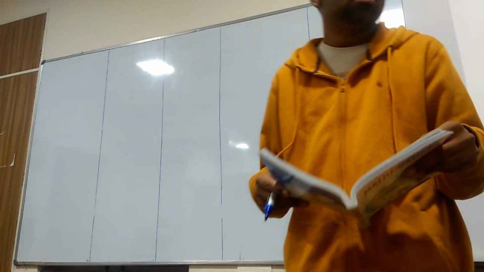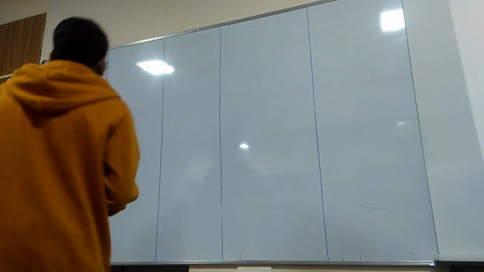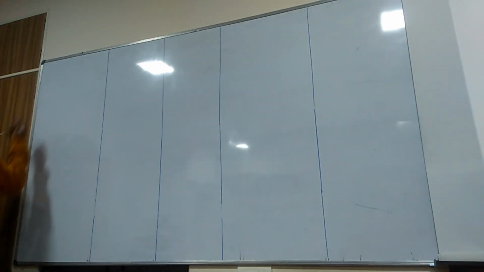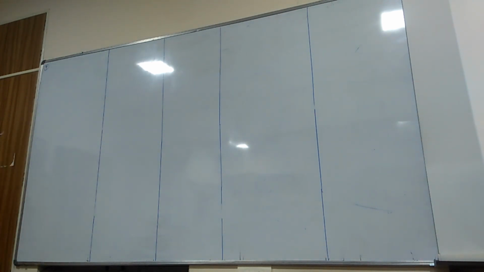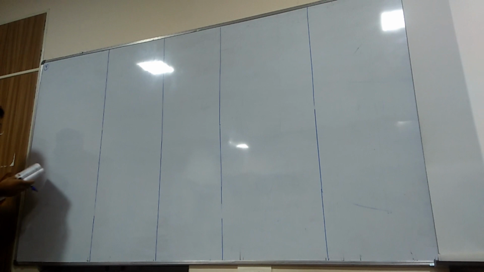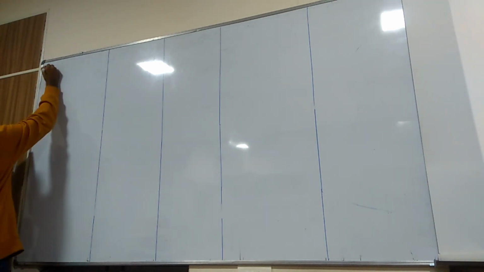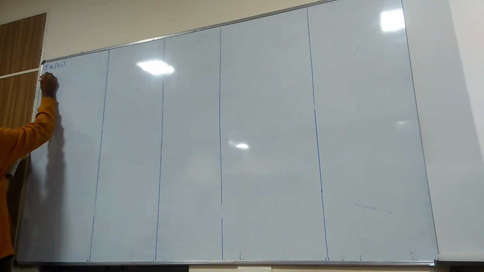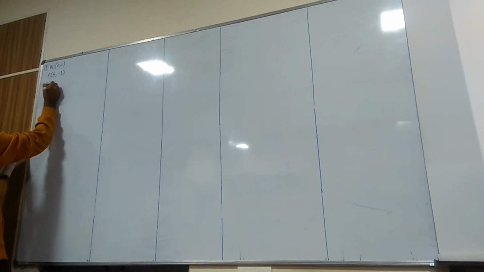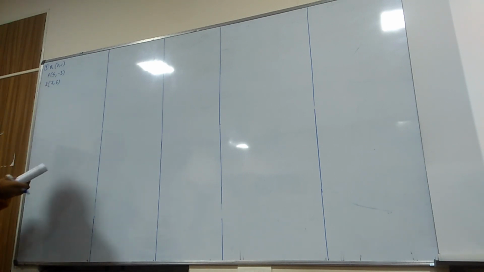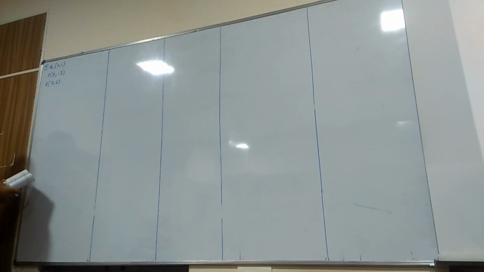Okay, so they have given question number 9, equidistant. So point Q is equal to (0,1), point P is equal to (5,-3), write along with me, point R is equal to (x,6).